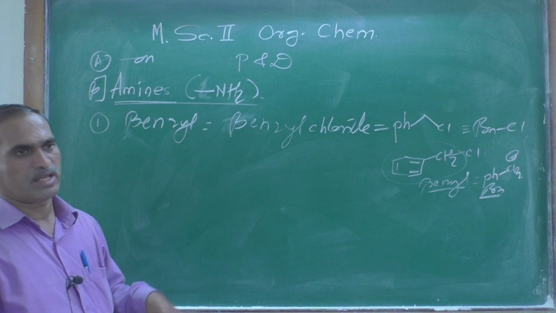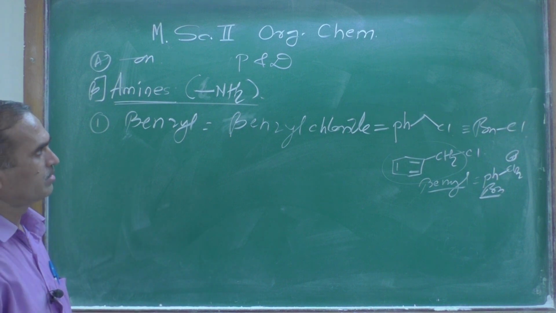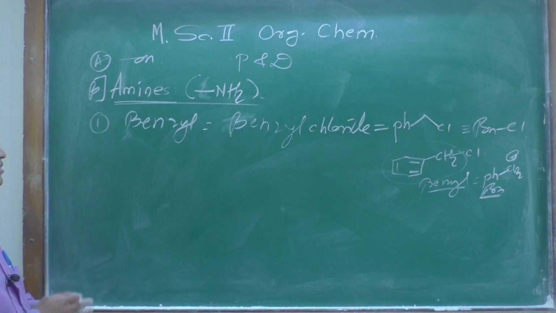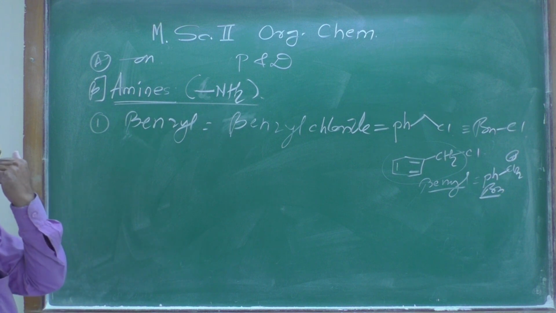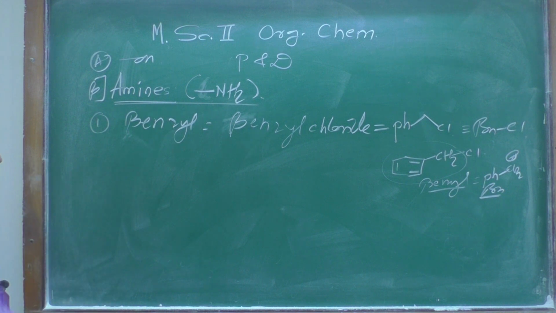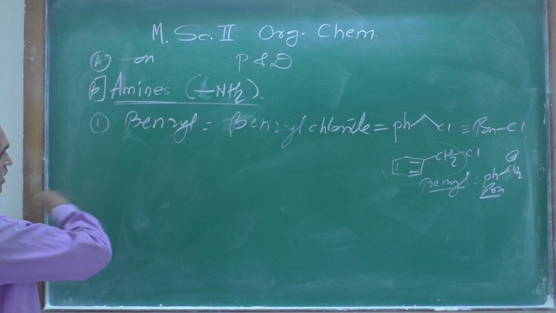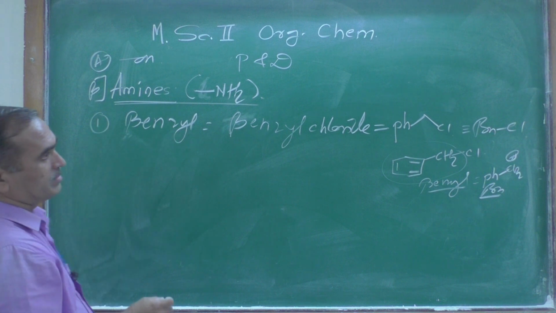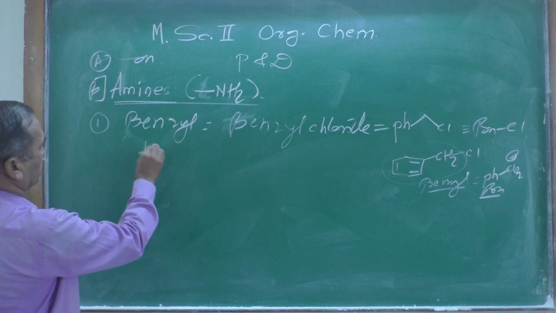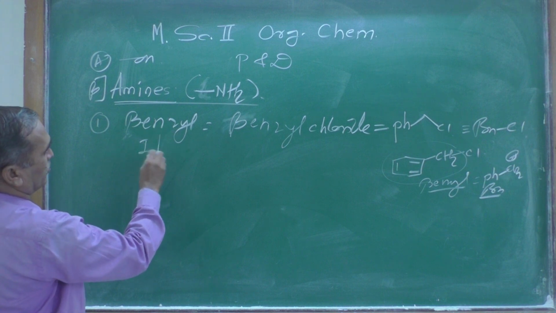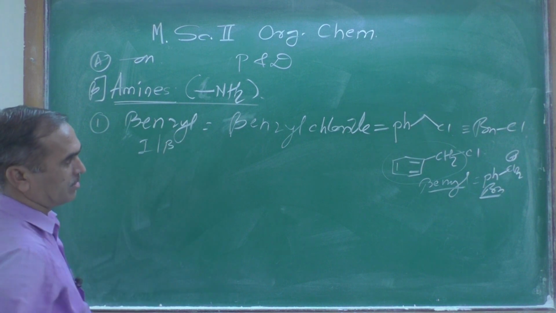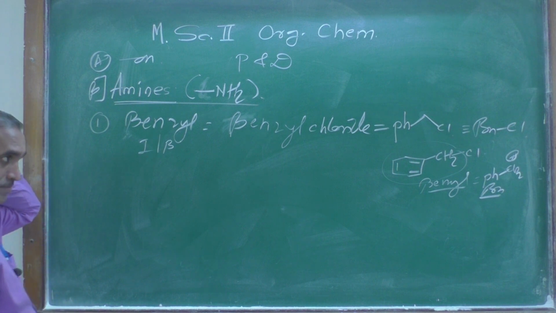Now it is a very suitable reagent for the introduction of the benzyl group in a basic medium. We introduce the benzyl group in basic conditions, and what base can we employ here?